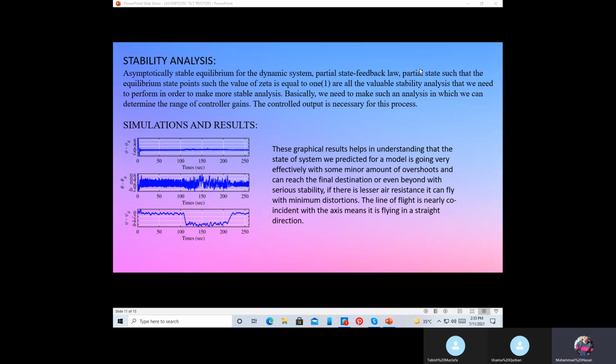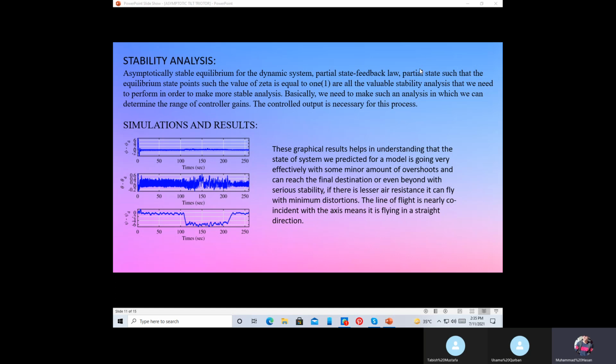So for a stable system, we will choose critical damping. As we have already discussed in our academics, BIBO stability, and this system is BIBO stable.